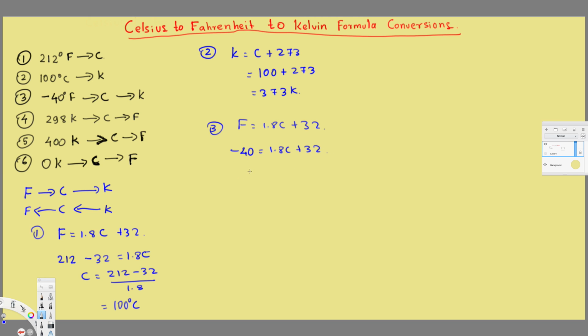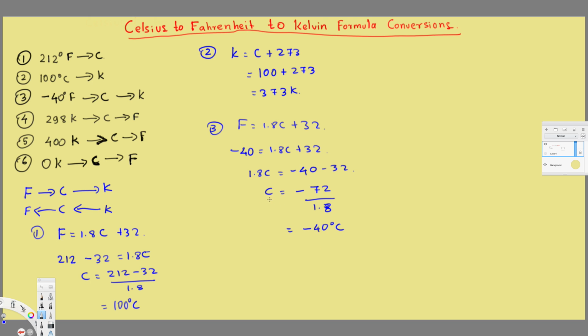If I rearrange this equation, 1.8 C is equal to minus 40 minus 32, and C is going to be equal to minus 72 divided by 1.8, and that gives us minus 40 degrees Celsius. So minus 40 degrees Fahrenheit is equal to minus 40 degrees Celsius.